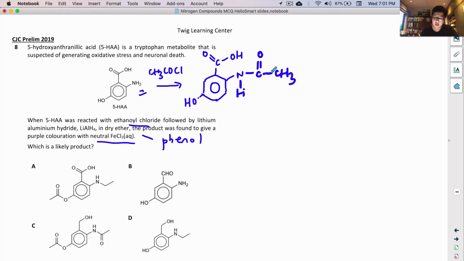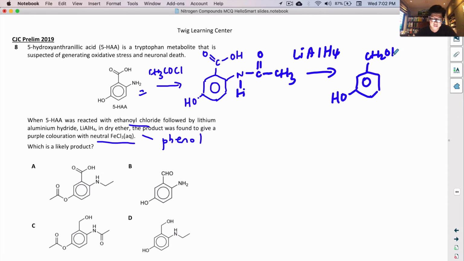Okay, so the next step is going to be reduction with lithium aluminum hydride. Lithium aluminum hydride can actually reduce amide to amine and carboxylic acid to alcohol. So eventually the carboxylic acid will be reduced to an alcohol. Can you see that?